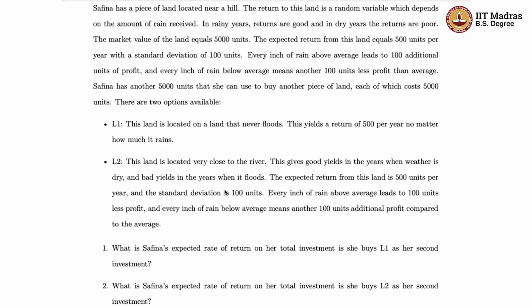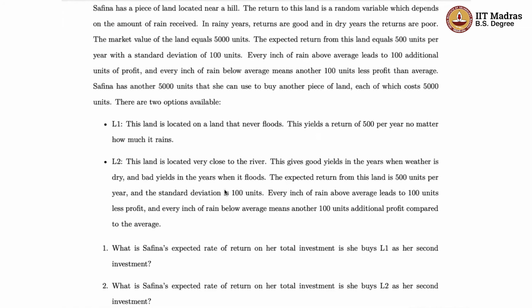So it's the same as the example that we had discussed about these assets A and B, where because they are negatively correlated, if you hold them together, you are in a better position than you were before, right? If we now compare the combination of owning the original piece of land plus L1, we have the expected return, which is 10%, but you do not hedge against the risk that is there in the original land.